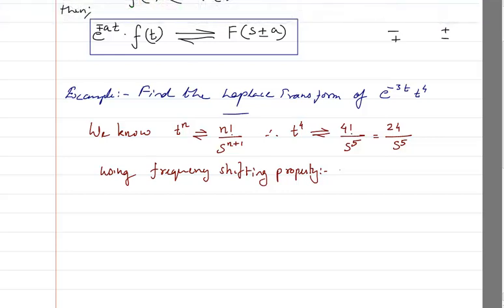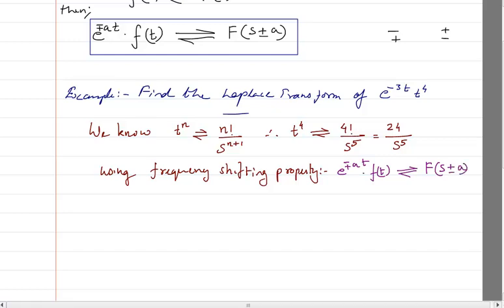It's e raised to power minus plus a of t, f of t. That means you multiply e raised to power minus a of t with f of t. The Laplace transform will be whatever is the previous Laplace transform of f of t. There you have to replace s with s plus or minus, plus for minus, and minus for plus. Okay, so that we will put in a box.